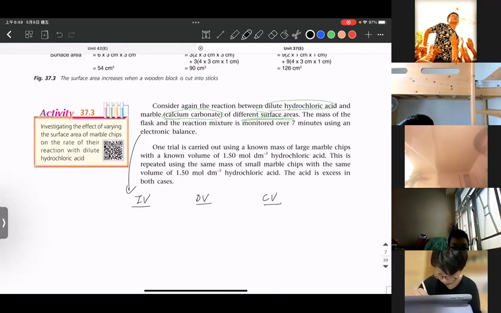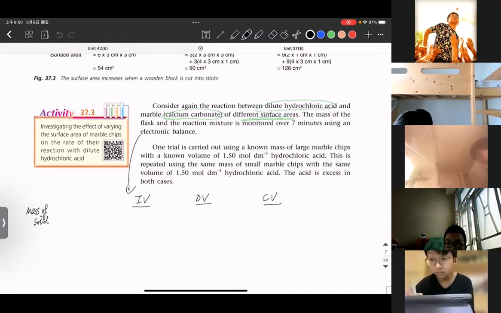So what is that? The mass. I changed the mass. Is it? Is it the molarity? Molarity of what? Acid, you mean?